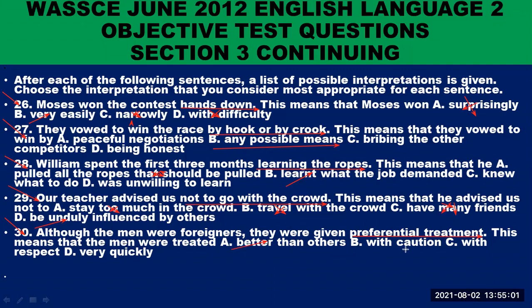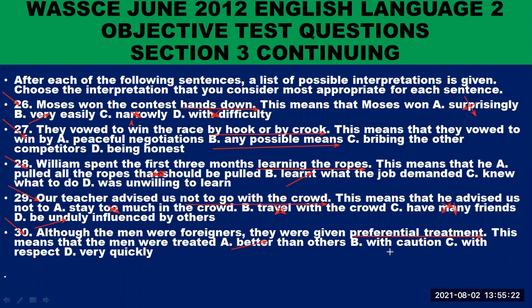Preference means something you show that you like more than the other one. So that's just the obvious meaning. Preferential treatment has to do with treating someone better than the others.